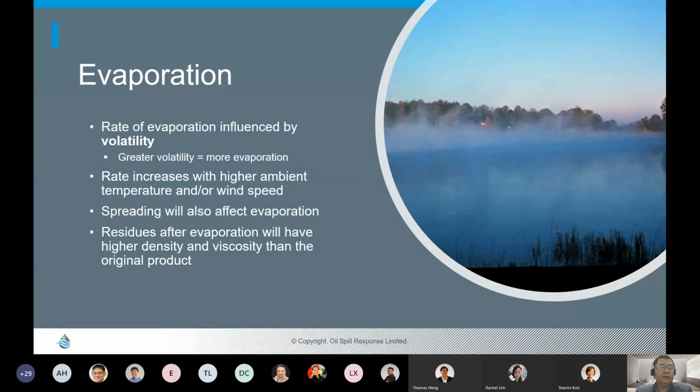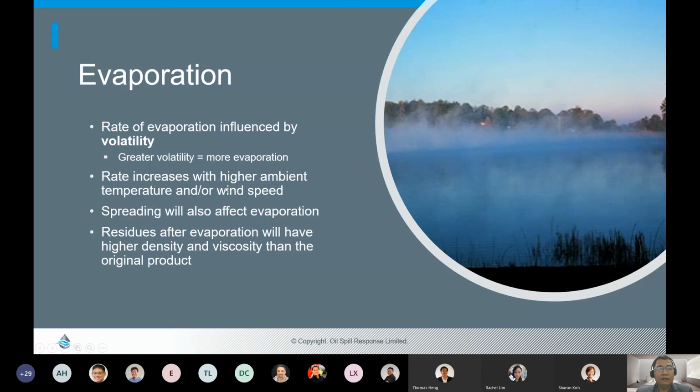Evaporation. The rate of evaporation is influenced by the volatility. Oil which has a high volatility means there's more evaporation. The rate increases with higher ambient temperature and or wind speed.